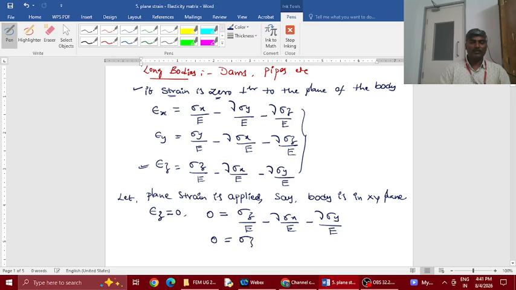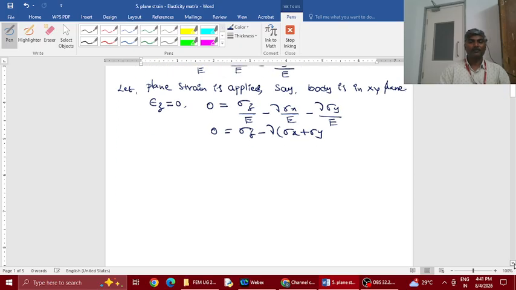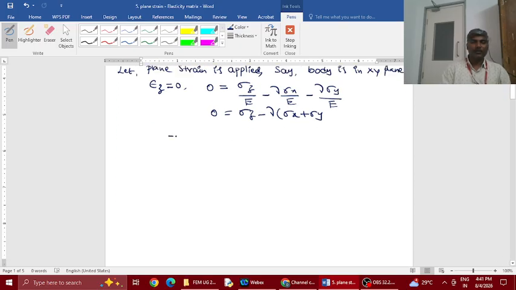Then sigma z is equal to nu, which is common here, into sigma x plus sigma y. So I am able to write sigma z equals nu into sigma x plus sigma y. Let us consider this as equation 1.